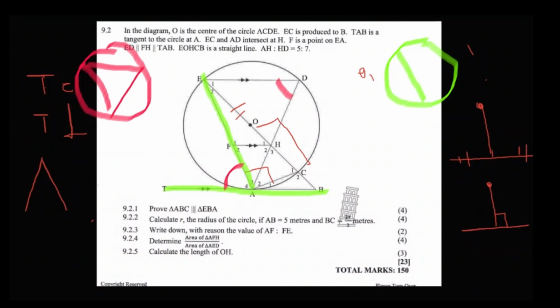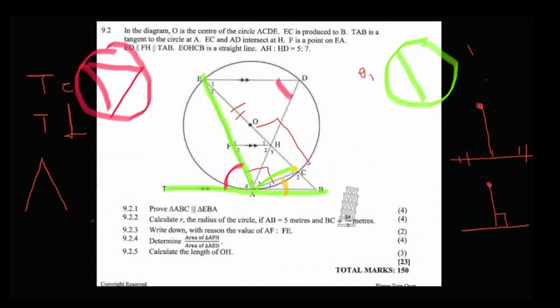Okay, so now where else can we see our tangent line and a chord? Another part of the tangent would be AB and AC. Okay, so the angle between AB and AC is A1. A1 will be equal to the angle that AC subtends.